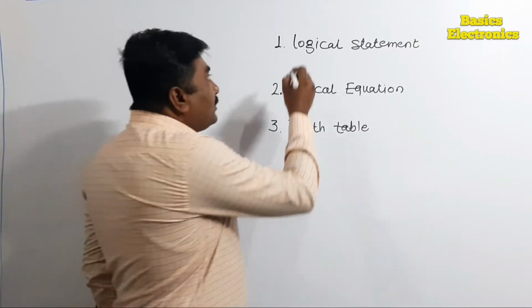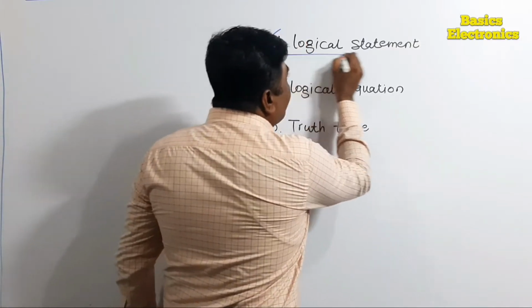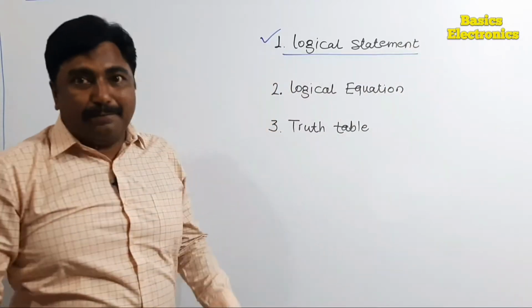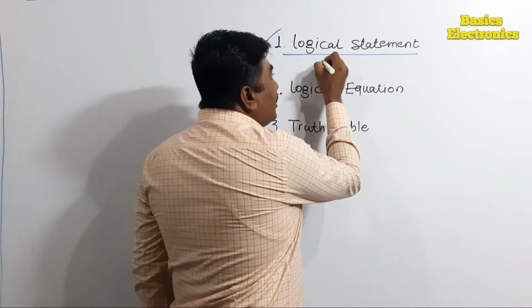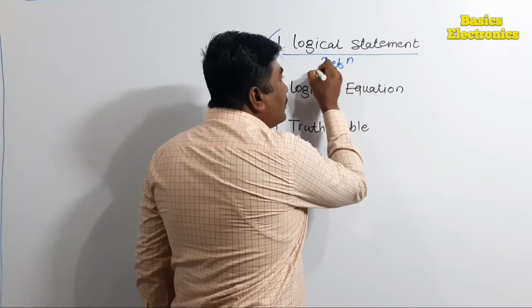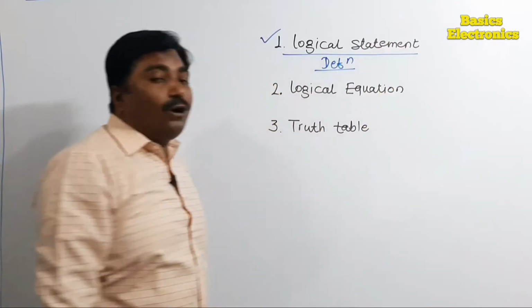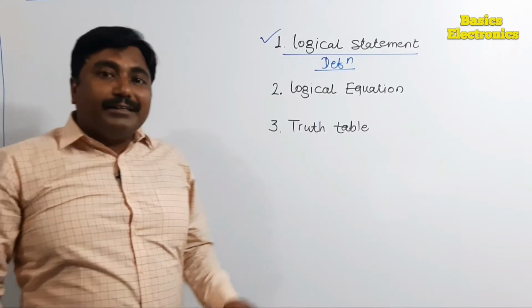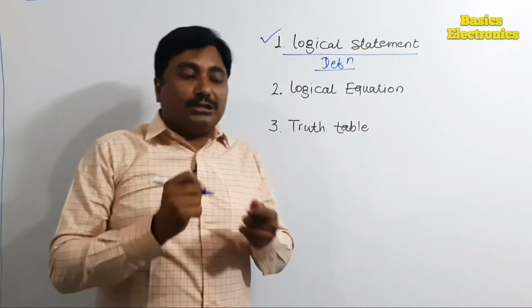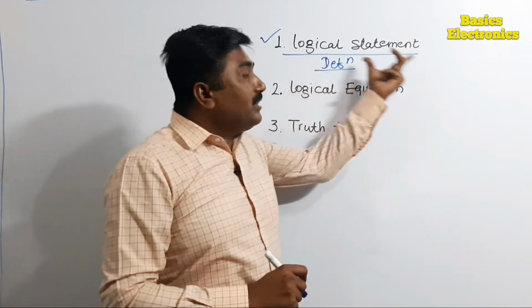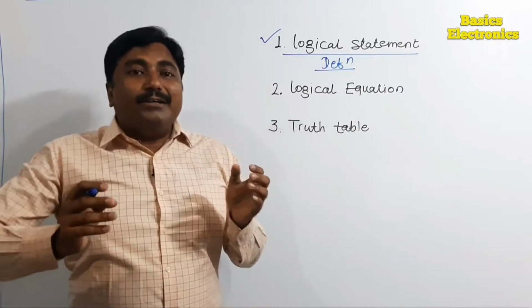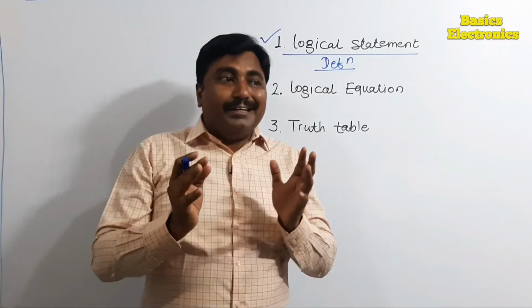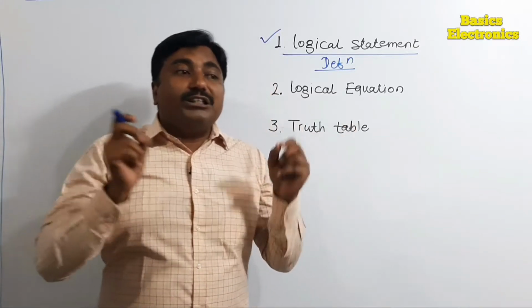The first term we discuss is the logical statement. The logical statement is also called the logical definition, or simply the statement or the definition of a logic gate. The logical statement defines the logical function.